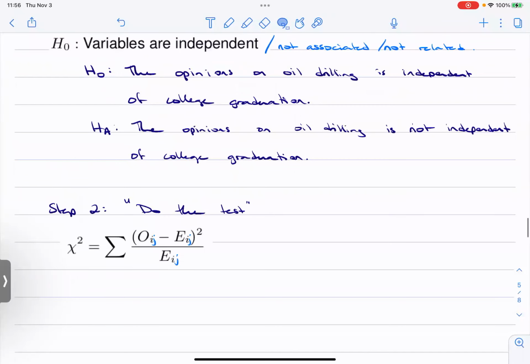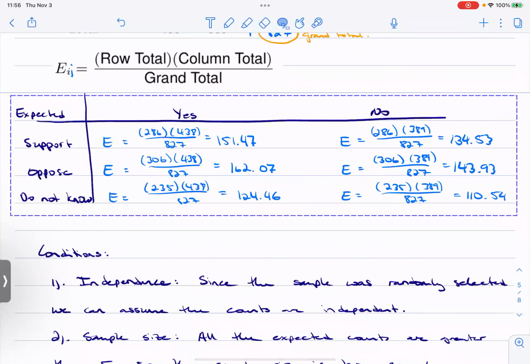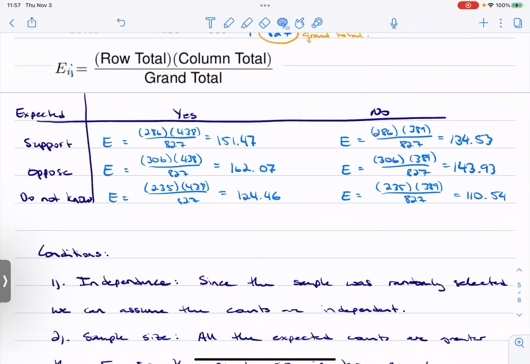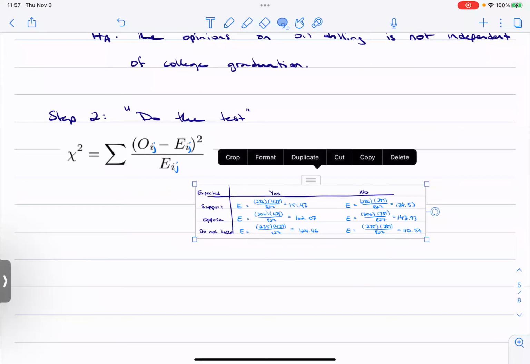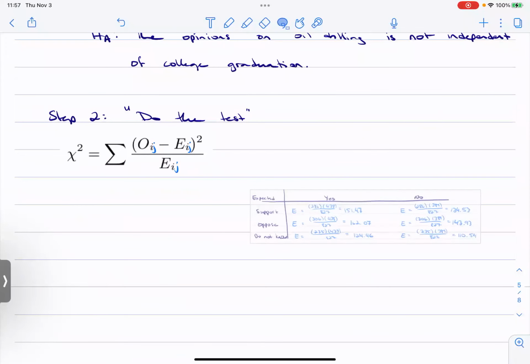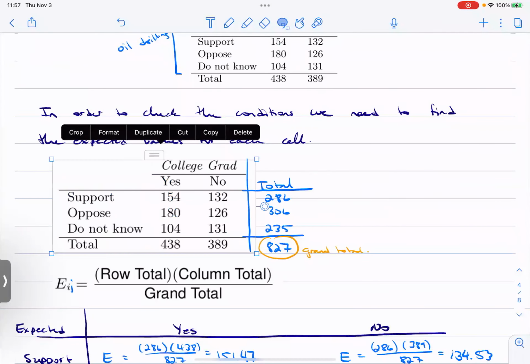So I'm just going to copy this, cheating, I know, just so I have those counts, and then also copy this.